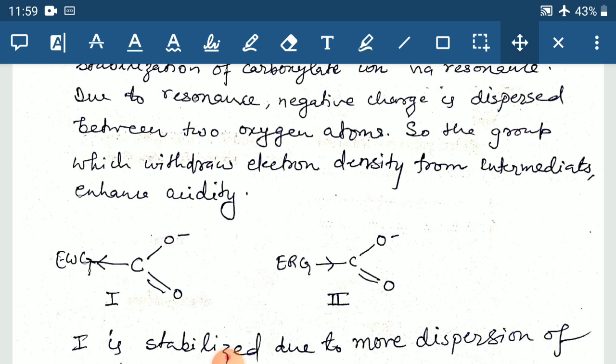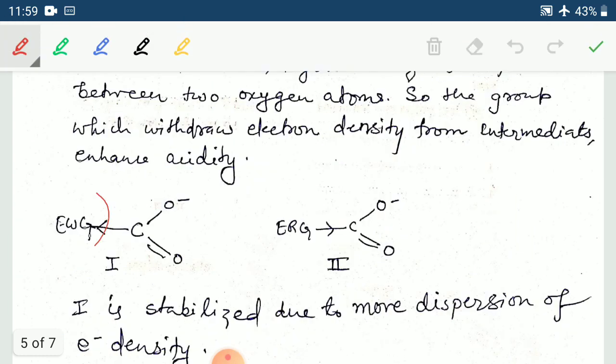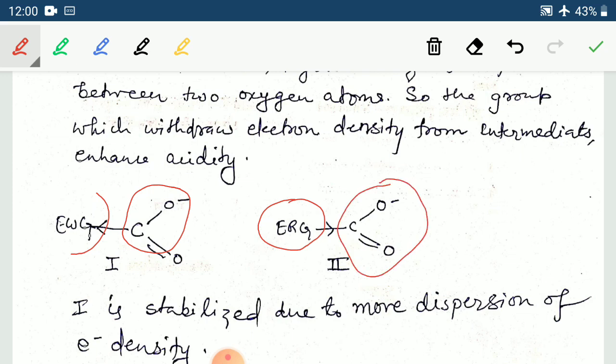See, this is very electron rich. So a group which withdraws electron density from this carboxylate ion will stabilize the intermediate, which will favor the reaction in the forward direction, and more deprotonation will occur. If there is an electron releasing group, see, there is already a higher electron density.